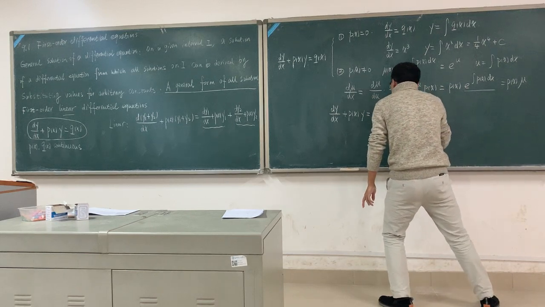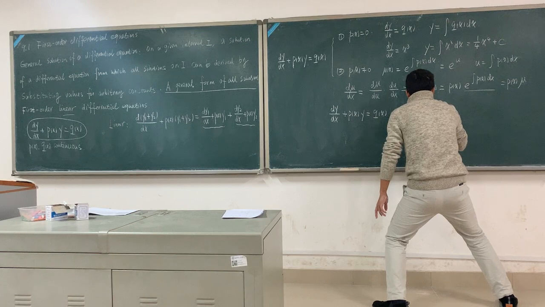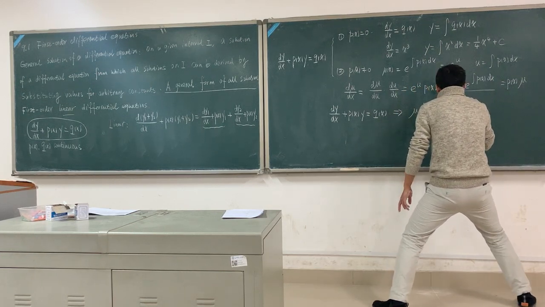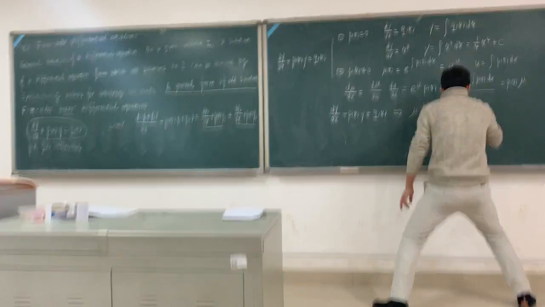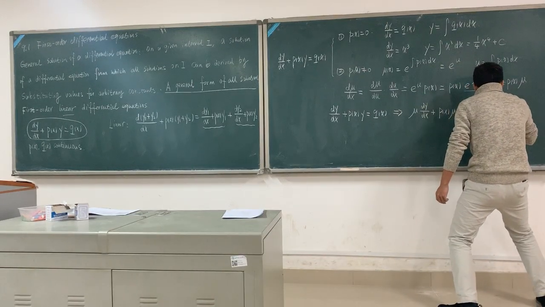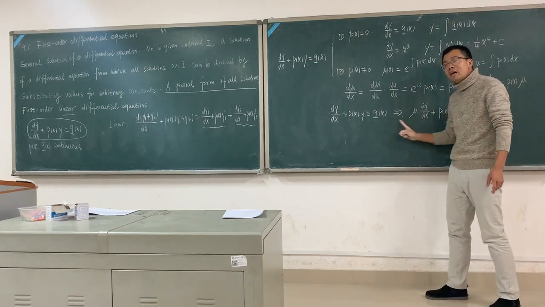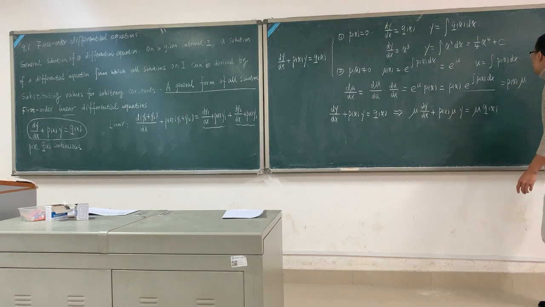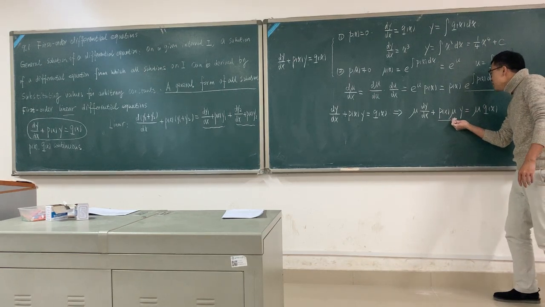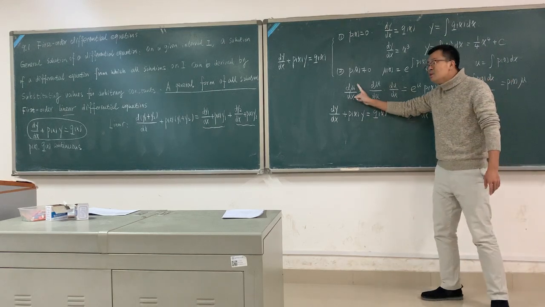So we have mu dy dx plus p(x) mu times 1 equal to mu times q(x). Now we can see p(x) mu actually is d mu dx.